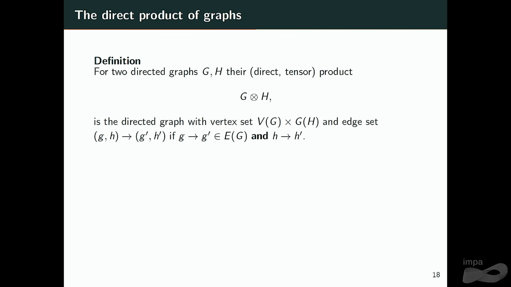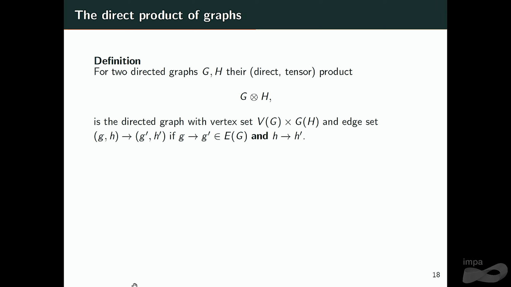Okay. So for the rest of the talk, I'll just give some ideas of how to get to this limit. There will be some number theory at the end. But first, I'll define what the product of graphs is, right? So I take two directed graphs. I can define their product, right?